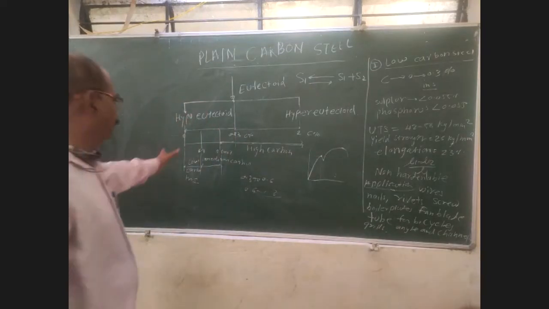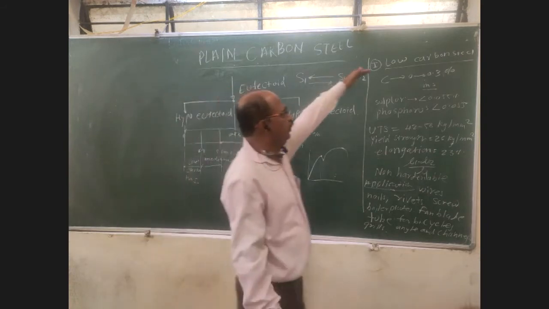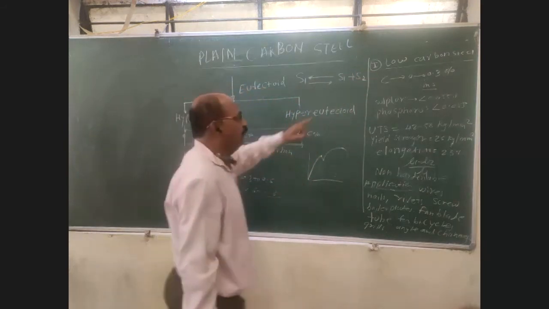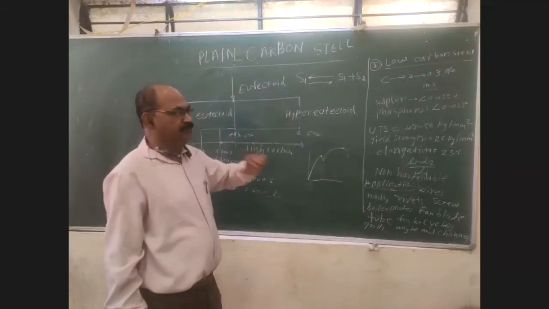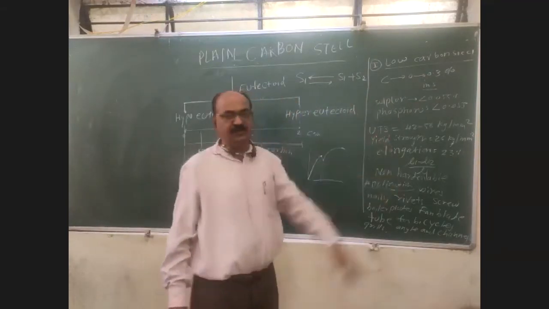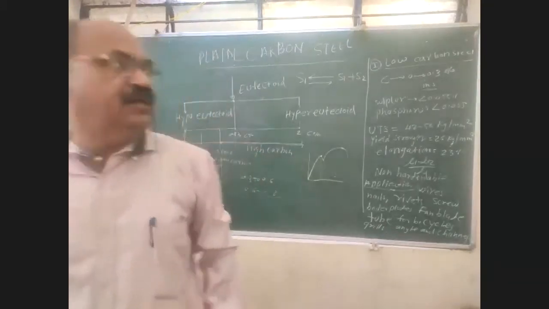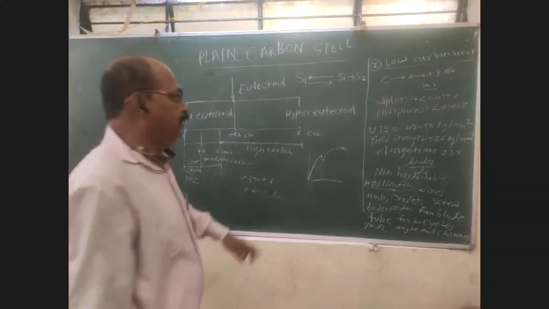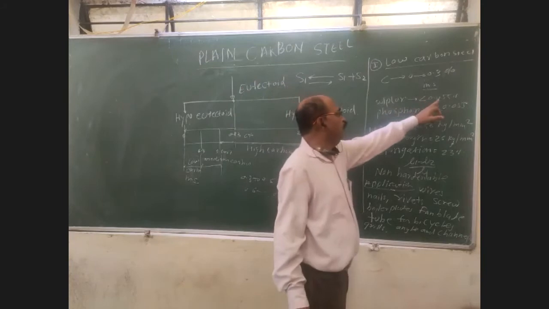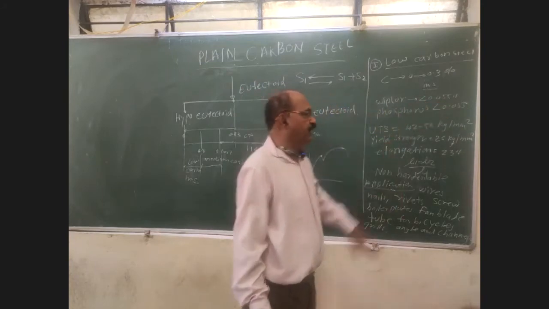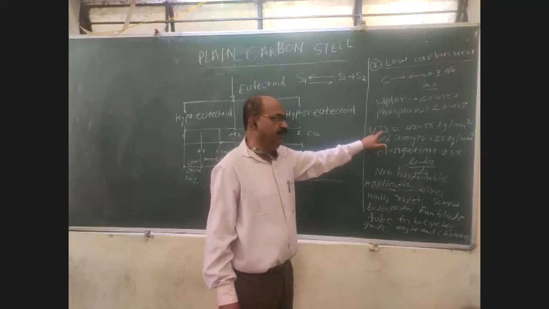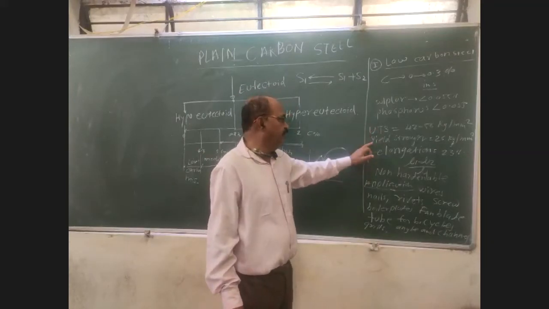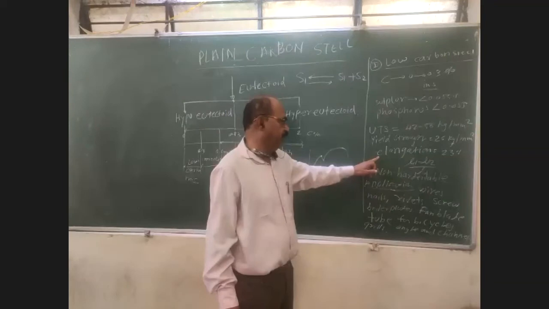So first we have taken low carbon steel. Carbon is 0.3. Apart from this, there is also sulfur and phosphorus, and that content is very less, 0.055 or less. What are the mechanical properties? Ultimate tensile strength, yield strength, elongation.